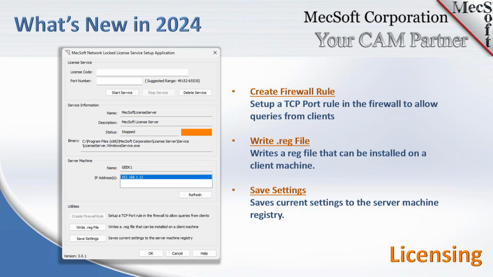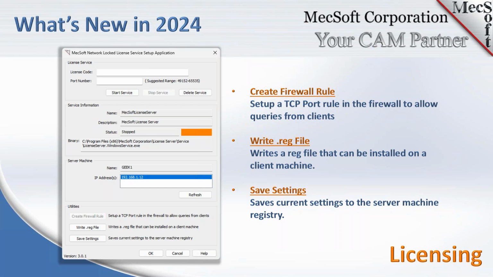The thing we've added is that users have some problems setting up firewall rules. Now we can do that automatically by clicking the button, create firewall rule. That would set up a standard Windows firewall rule, and then also write a reg file. We can write a reg file that can be installed on client machines, so the license code is transparent to the users, and the clients don't ever get to see the license code.